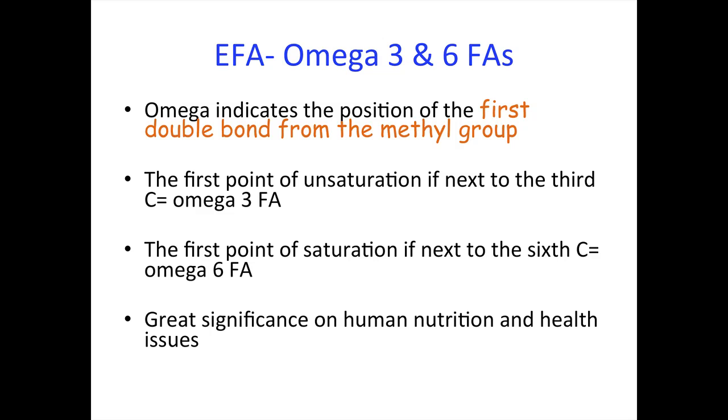When we're doing the omega designation, you're counting from the methyl end of the fatty acid, and you're looking for the first double bond. So the first point of unsaturation, meaning the first presence of a double bond, if next to the 3rd carbon, it's an omega-3 fatty acid. If when you start counting from the methyl end the first double bond you find is on carbon 6, then it's an omega-6 fatty acid.